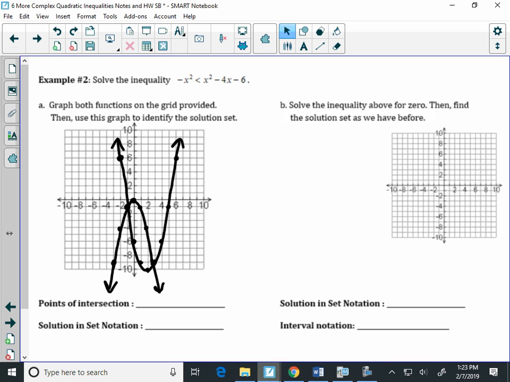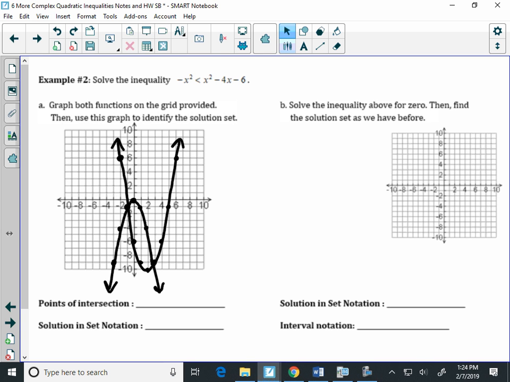Great. So, we have 2 parabolas here. And what we're looking at is we want to know, where is the upside down, -x squared, that parabola, less than the other parabola. So we want to know, where's the upside down parabola underneath? Bobby? Yeah, at that intersection point, so right over here. So how many parts of that negative parabola are underneath the other one?